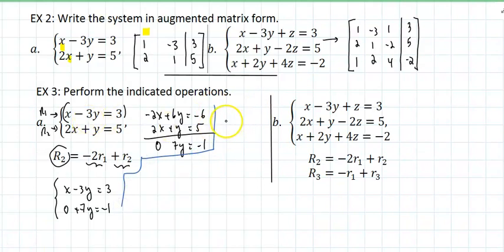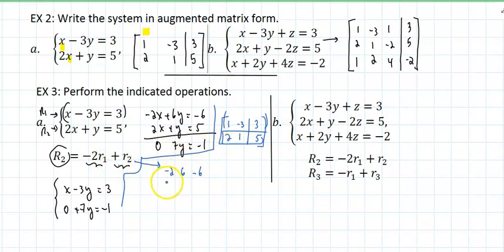Now I'm going to take A and write it in augmented matrix form. 1, negative 3, and a 3. 2, 1, and a 5. And I'm going to apply this on it. What does that mean? So this is row 2. That's going to become negative 2 times row 1. Multiply row 1 by negative 2. That's a negative 2, a 6, and a negative 6.